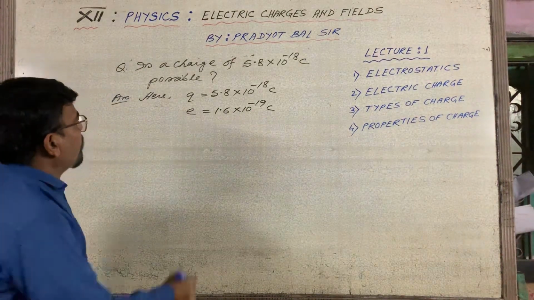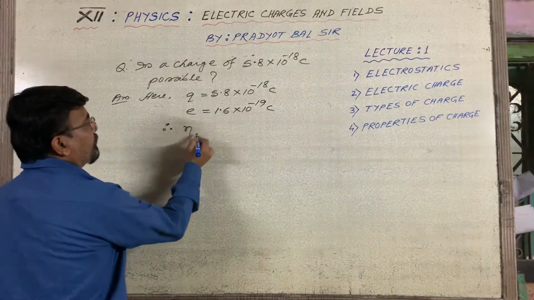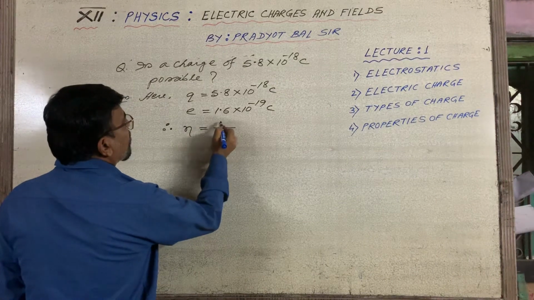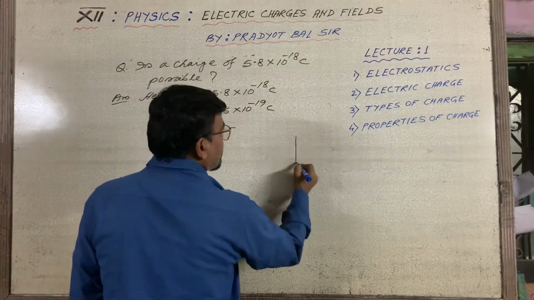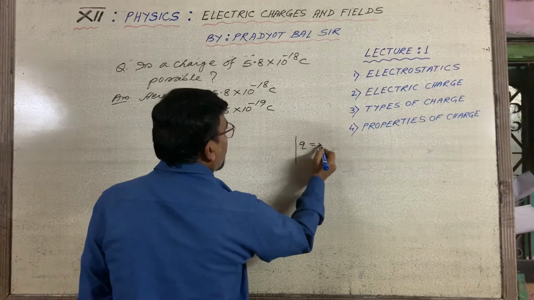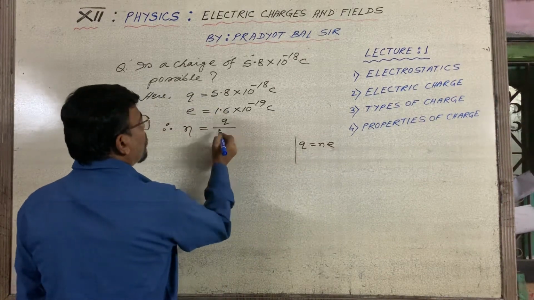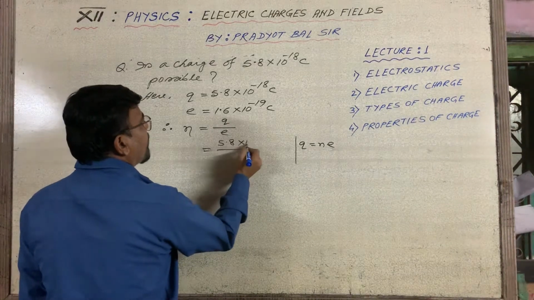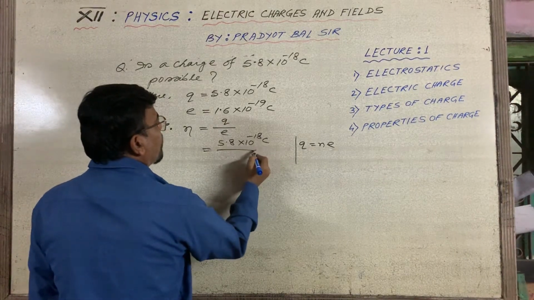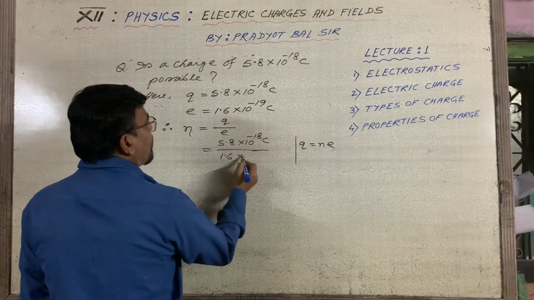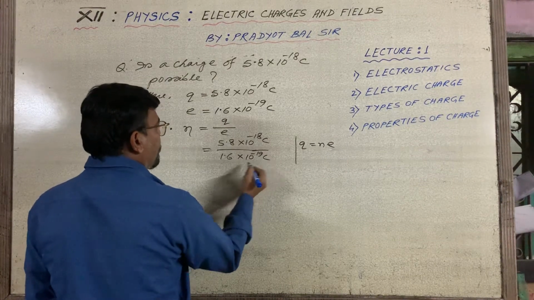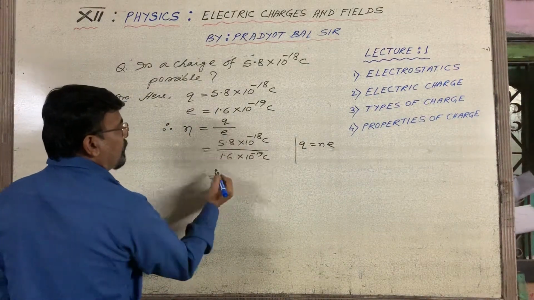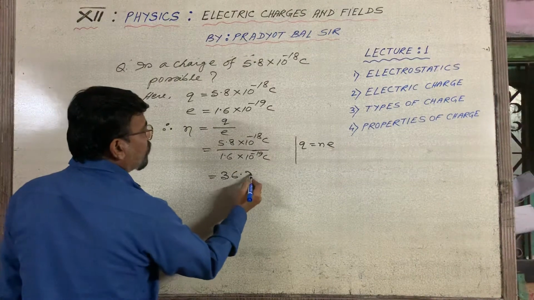Therefore, we need N. We have Q is equal to Ne, so N is equal to Q by e, which is 5.8 into 10 to the power minus 18 coulomb divided by 1.6 into 10 to the power minus 19 coulomb. If you go on calculating, you will get approximately 36.25.